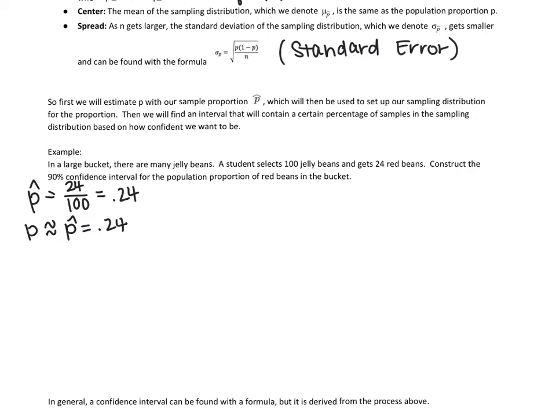Next, we need to calculate our standard deviation, or our standard error. So the square root of 0.24 times 0.76 over 100, which is going to be 0.043.